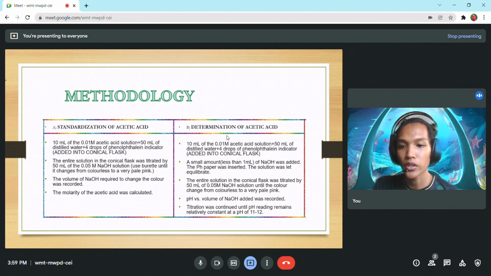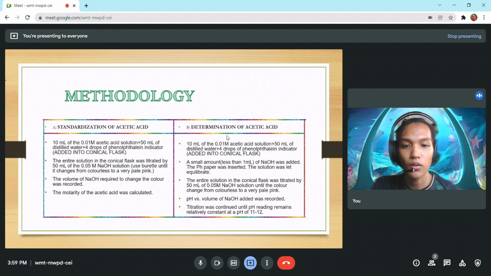The entire solution in the conical flask was titrated by 15 milliliters of 0.05 mol sodium hydroxide solution using a burette until it changed from colorless to very pale pink. The volume of sodium hydroxide required to change the color was recorded. The molarity of the acetic acid was calculated.